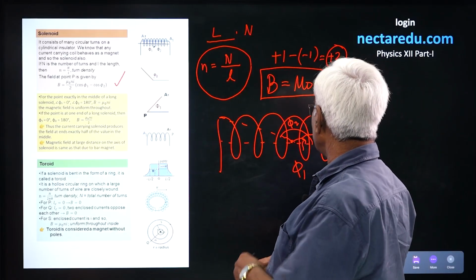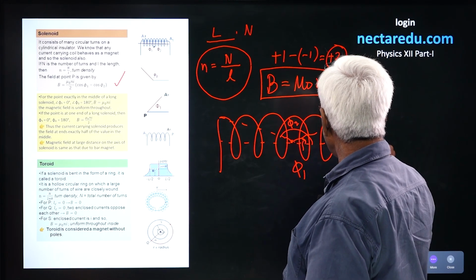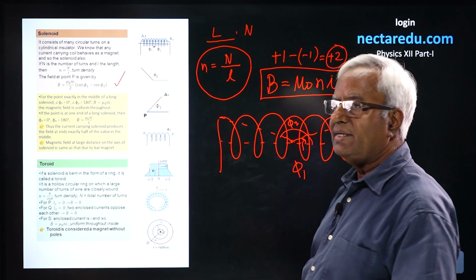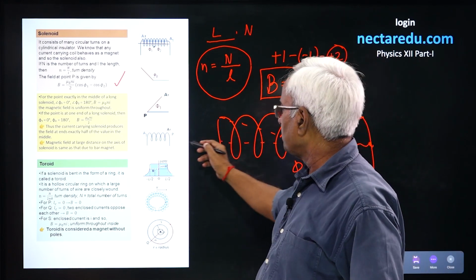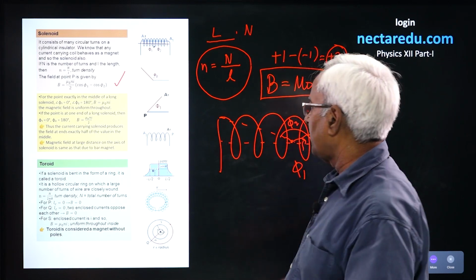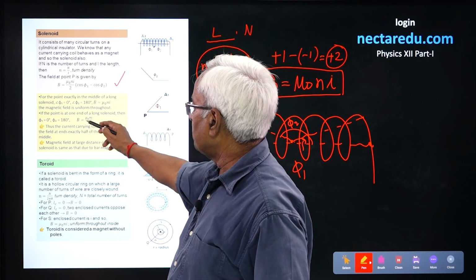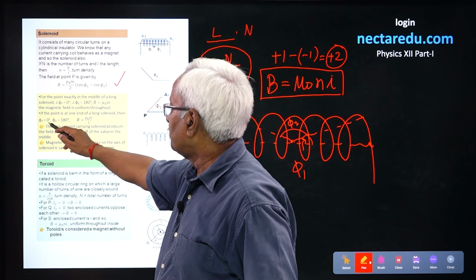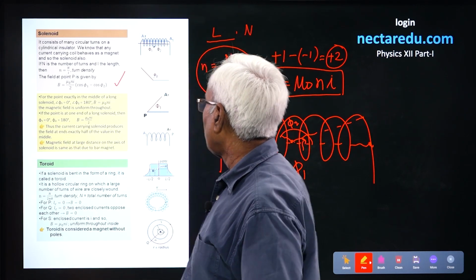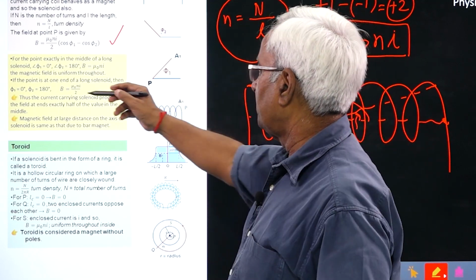But if you consider a point at one end, for one end this angle is going to be 90 degrees and on the other side it is going to be 0 degrees. In that case, this is going to be μ₀Ni/2 (cos 0 minus cos 90). One angle will be 90 and one angle will be 0.